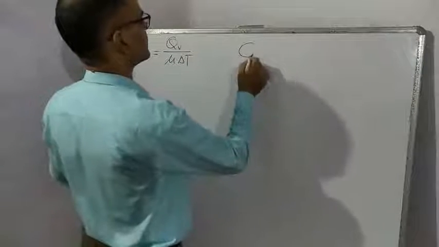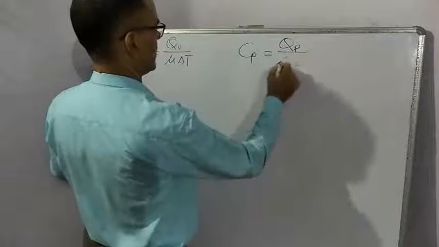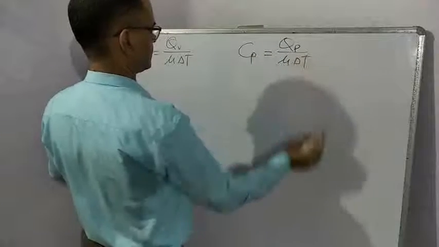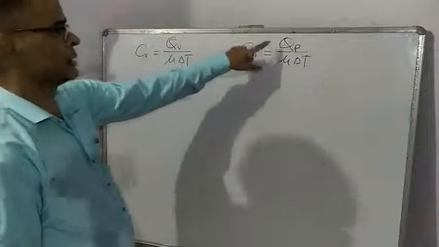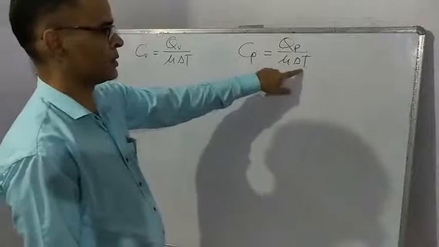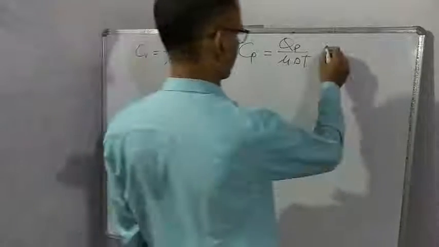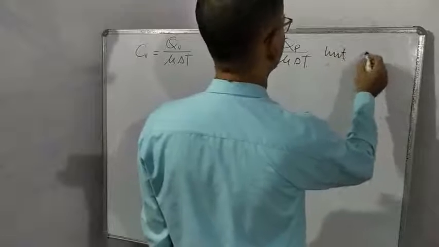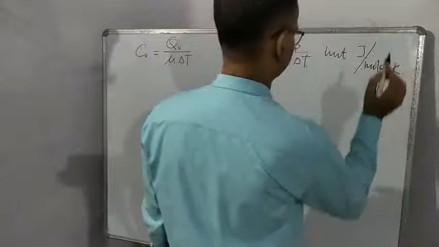And molar specific heat at constant pressure, Cp, is equal to Qp upon mu delta T. It is the heat supplied at constant pressure per unit mole per unit rise in temperature. Unit: joule per mole Kelvin.